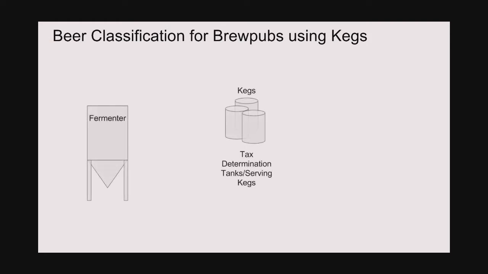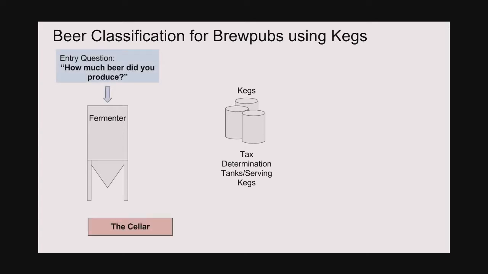Let's take another example using the keg as your tax determination tank. So beer enters your cellar when it's produced, like typical. And then when you're ready to carbonate and transfer to your kegs, which are actually your tax determination tanks, you answer the question how much beer was sold from the cellar.